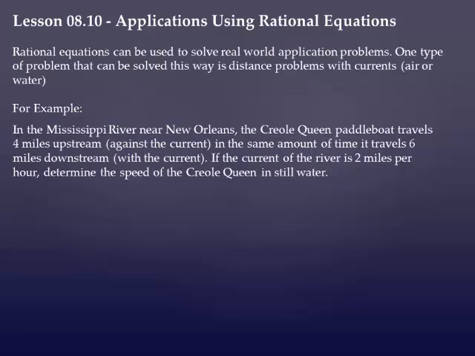So the way we want to solve this is we're going to use distance is equal to rate times time. This is the distance formula. The best way to set this up is to go ahead and make a chart.